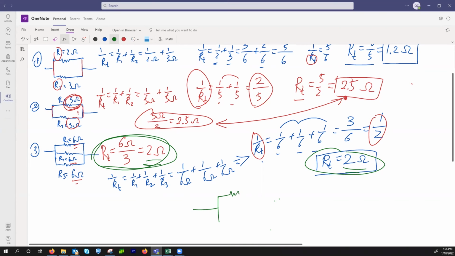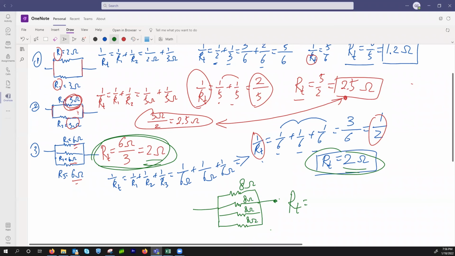What if we have 4 resistors connected with each other, all of them identical, and each value is 8 ohm? So what should be the total resistance here? Based on our observation, we know that in this case, they are connected in parallel and they are identical.